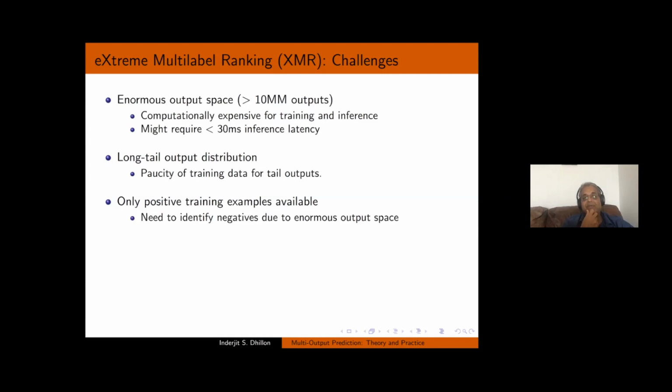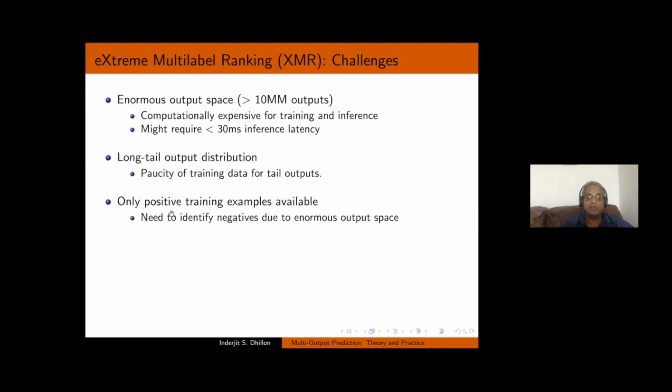We do have a long tail of outputs, and that's because there is a paucity of training data for these outputs. And like the problem with PU learning, we only have positive training examples available.